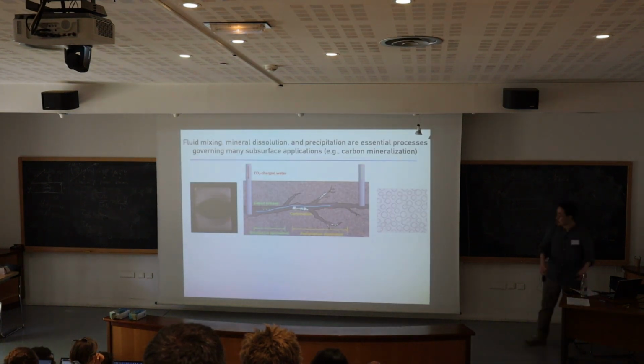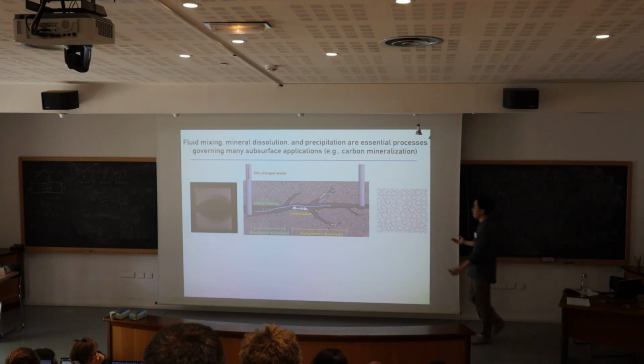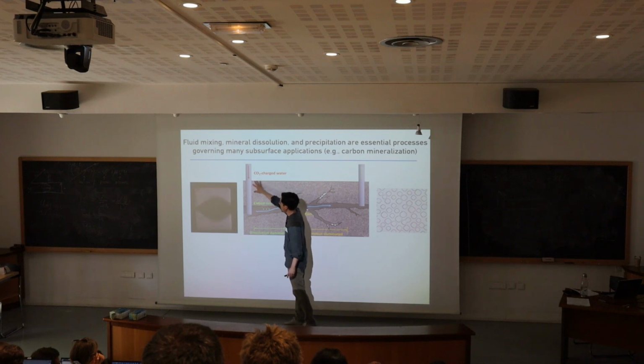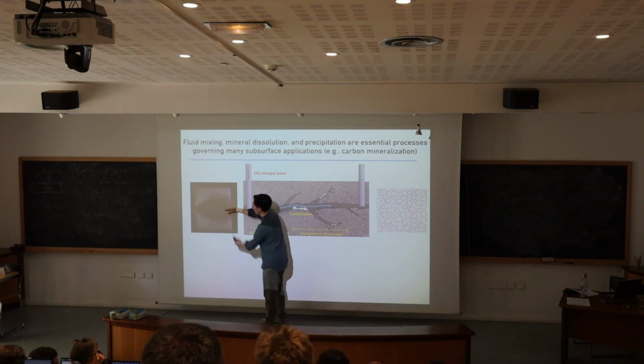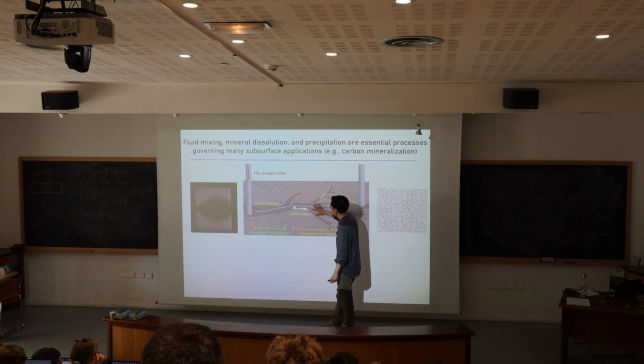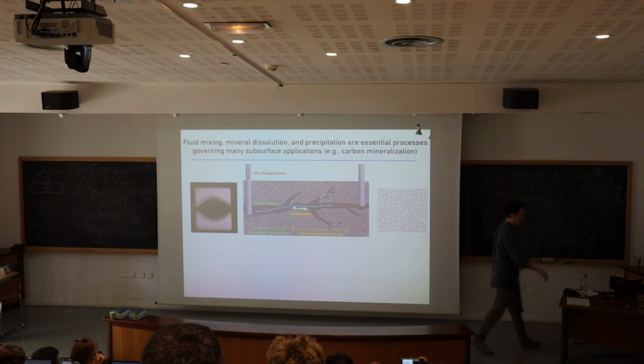And to motivate this, again, carbon mineralization is our current motivation. So as I mentioned, the operation works like you inject acidic CO2-charged water, which leads to the dissolution, right? And as the dissolution is happening, pH is increasing, and in the downstream location, you expect to see mineral precipitation.